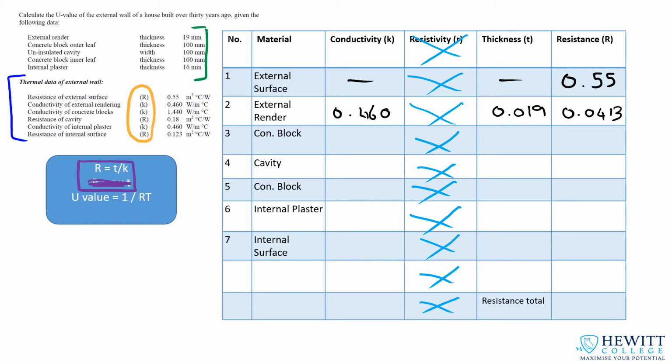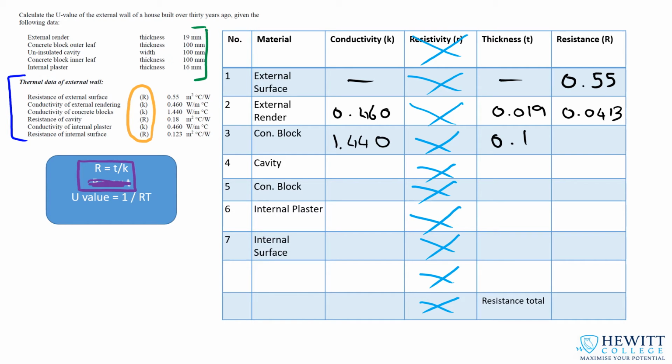Same thing for the concrete block. Check the top layer first in green. We have concrete block at the outer leaf, and it was 100. We divide that by 1,000, which gives us 0.1. Then we check our second block in blue. The conductivity of the concrete block, the K value, is 1.440, so we put 1.440 in the conductivity column.